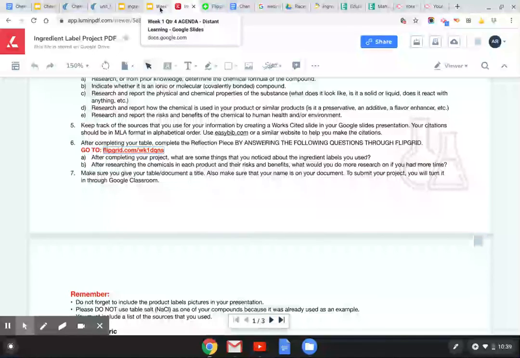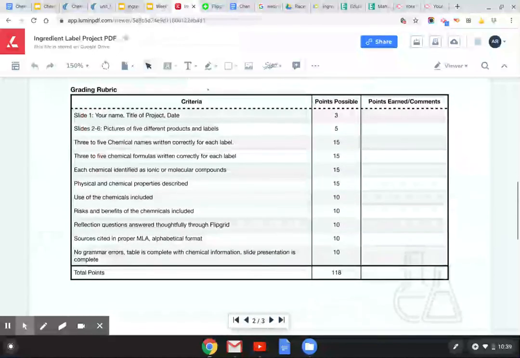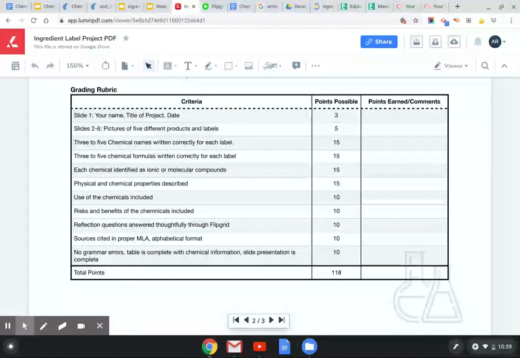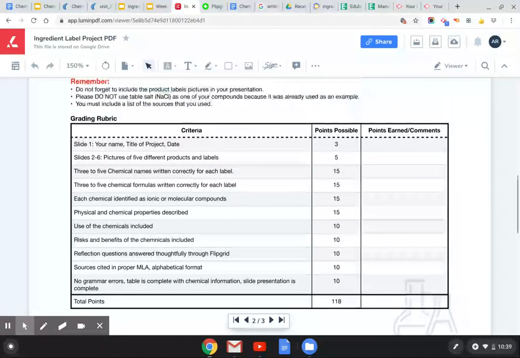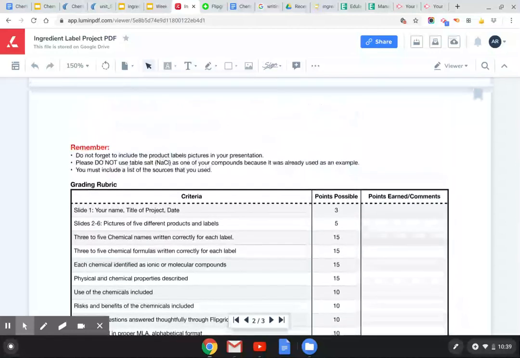Again, you have to create slides for each of those products. So have your product and all of your compounds for each of those products. And don't forget your works cited at the very end. You have to have your sources cited for all of this research. Make your presentation nice.